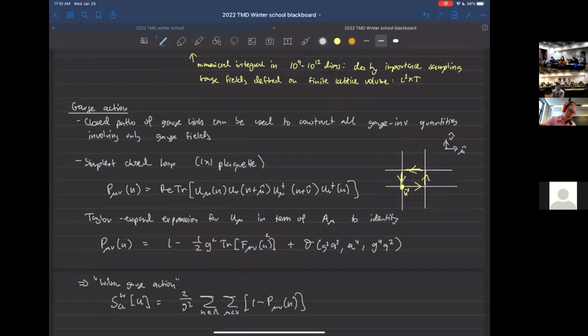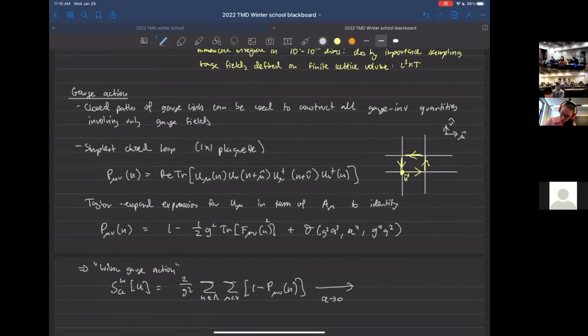And in the limit as a goes to 0, this looks like what we wanted it to be. Okay, so remembering here, Lambda was the set of all the points on our finite lattice. Mu and nu are these Lorentz indices or these direction indices here in the gauge links. And so we can identify the gauge action we wanted with a discretized version in terms of this plaquette.